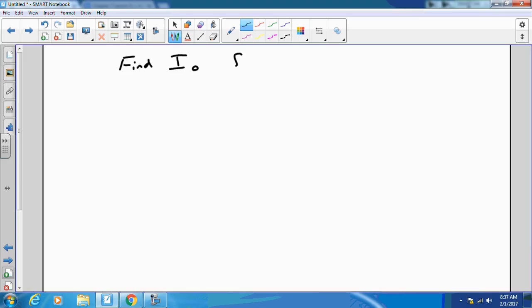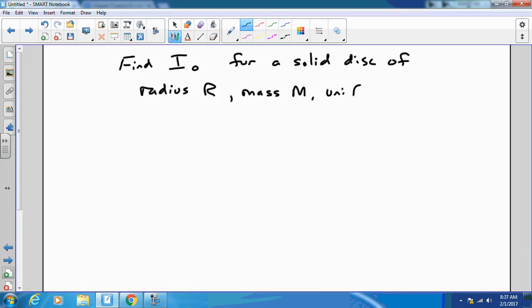Find the moment of inertia about point O for a solid disk of radius r, mass m, and uniform density.